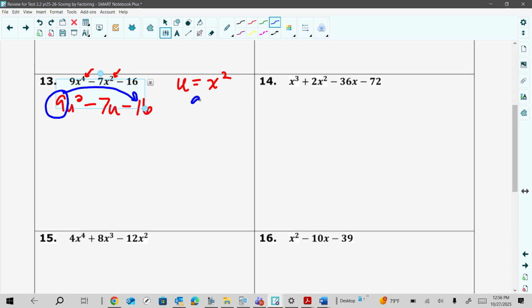When I do 9 times the negative 16, that gives me a negative 144. So now I'm doing my factors of negative 144 with the sum of negative 7. So that's going to give me 9 and a negative 16.